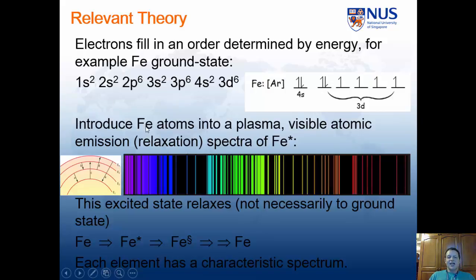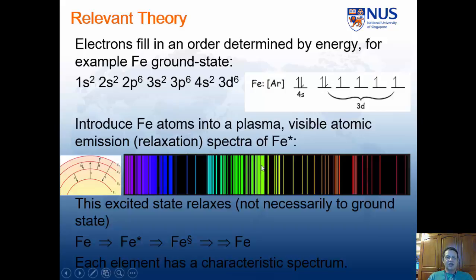So we introduce our iron atoms into the plasma, and they are instantly excited, and then they relax, and in that relaxing, as we just talked about, they emit characteristic frequencies. And so this diagram here on the right is the line spectra for iron.